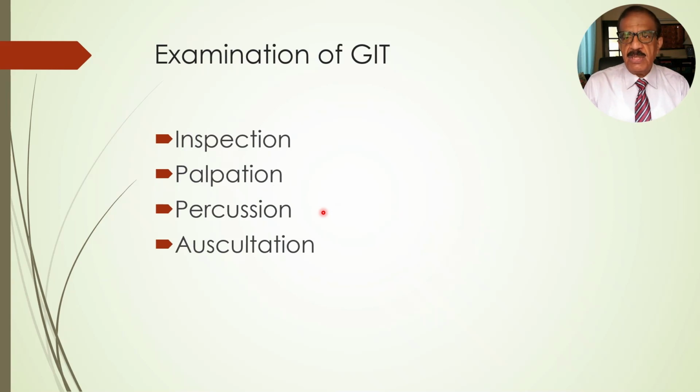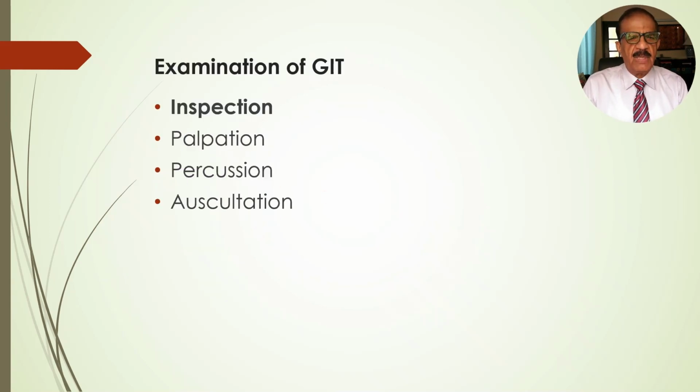Then percussion, very important. Percussion has a very useful role in the examination of GIT. I think you need to master your techniques of percussion on GIT. Then auscultation. Auscultation has relatively less role in GIT as compared to the respiratory and cardiovascular systems, but definitely there is some role. So let's first take up inspection.